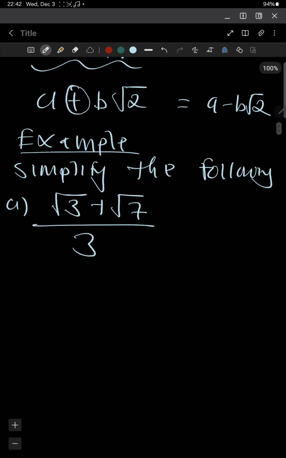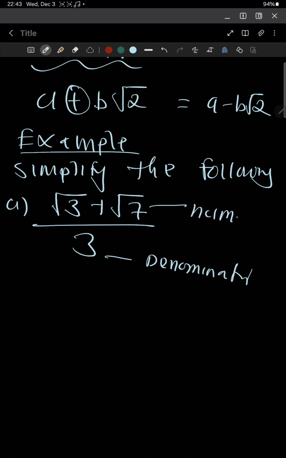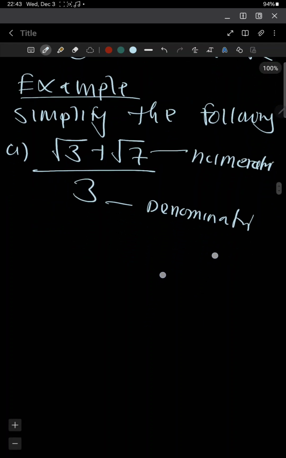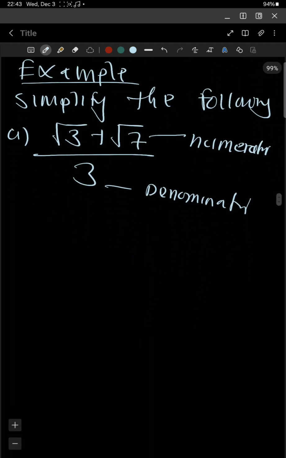Here we are rationalizing the numerator. This is our numerator, and take note that this is our denominator. They're asking us to rationalize the numerator, same principle like we did when rationalizing the denominator.